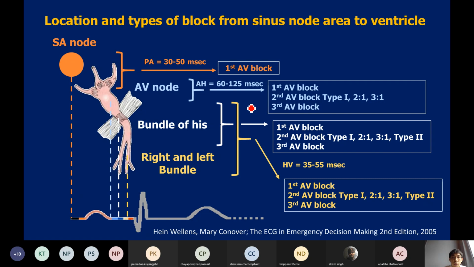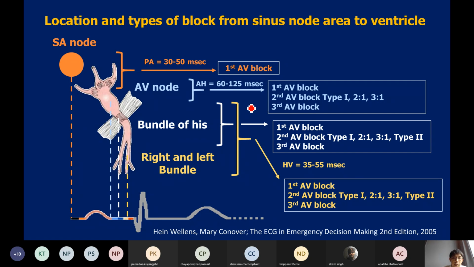And for the AV node dysfunction, you would see from the 12 lead ECG that there would be some type of first degree AV block, second degree AV block, type 1 or type 2, and the third degree AV block.